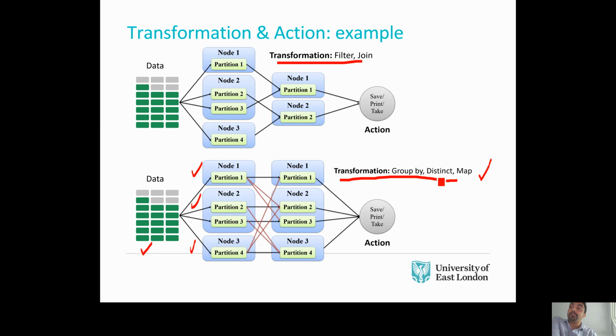If you want to apply group by, distinct, or map, which we will practice, you would see you have exactly the same partition, same node, same partition, same node, right? It means you have exactly a copy of your first step at the second step, but with new calculation, new operation on your original data.